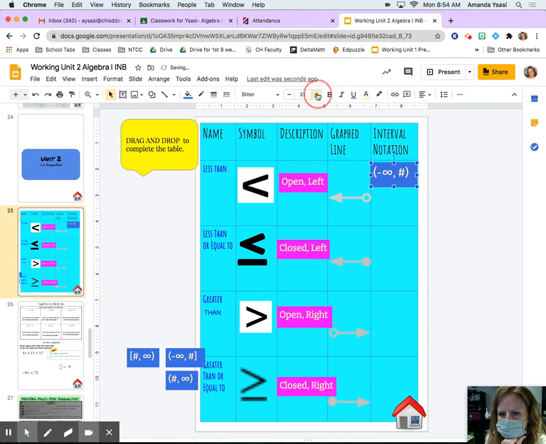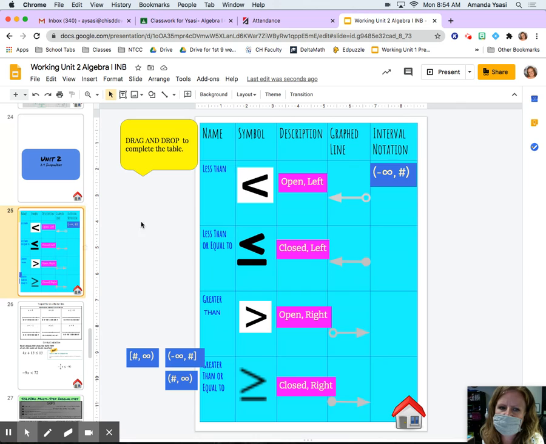For intervals, you're telling what is the smallest number and what's the biggest number for that inequality. So the smallest number is negative infinity, and the largest number is some number. I just put a number there.